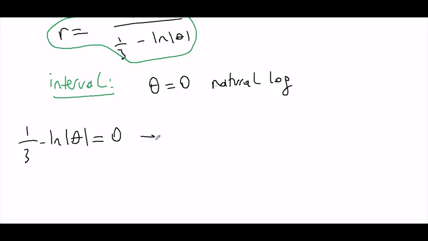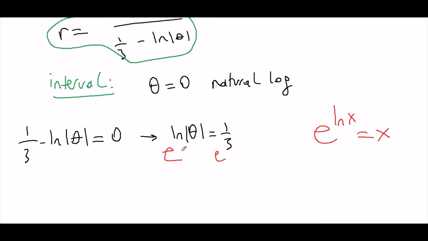So the next step is ln theta is equal to 1/3. And if you raise to the e power, we know that e to the ln of x is equal to x. So e to the ln of theta is equal to theta here. So the absolute value of theta is equal to e to the 1/3.